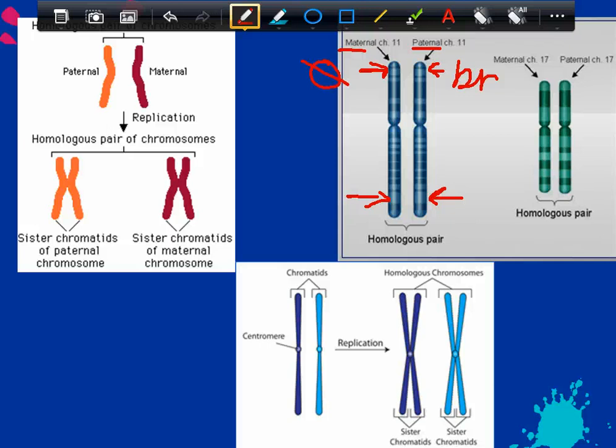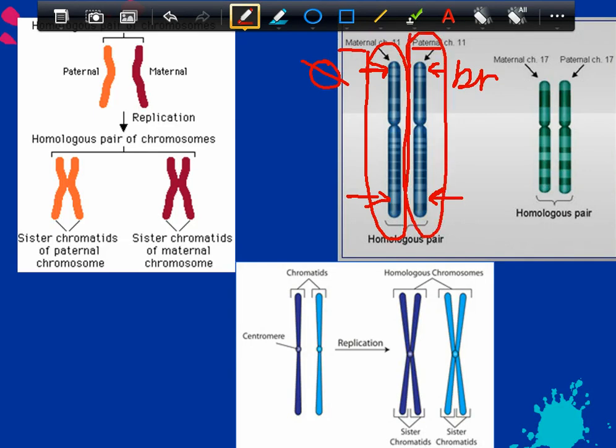They code for the same traits. So you see a variety of different ways to look at it, which might help you understand it. Now, remember that when your cells are not in mitosis or meiosis, chromosomes are single. All right? So this is a single chromosome. This is a single chromosome.